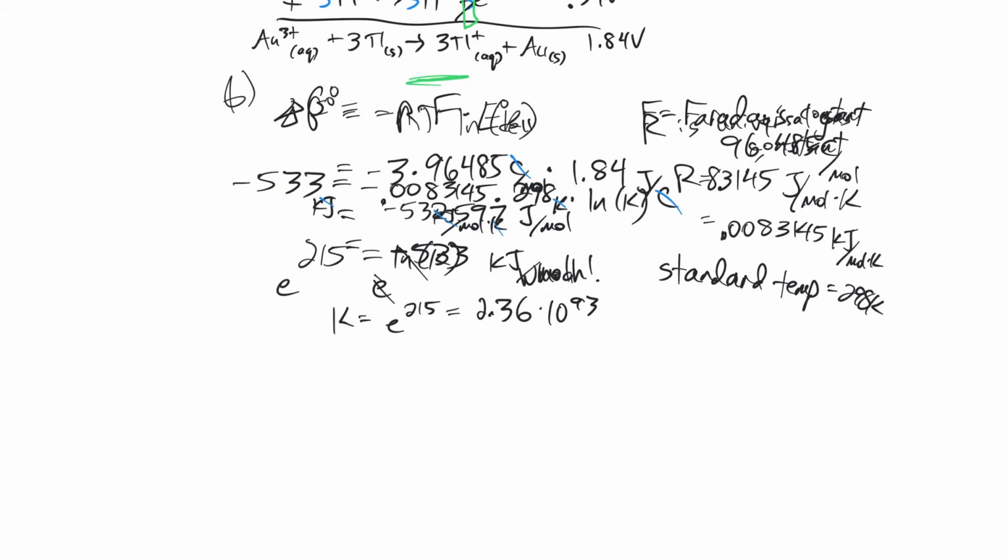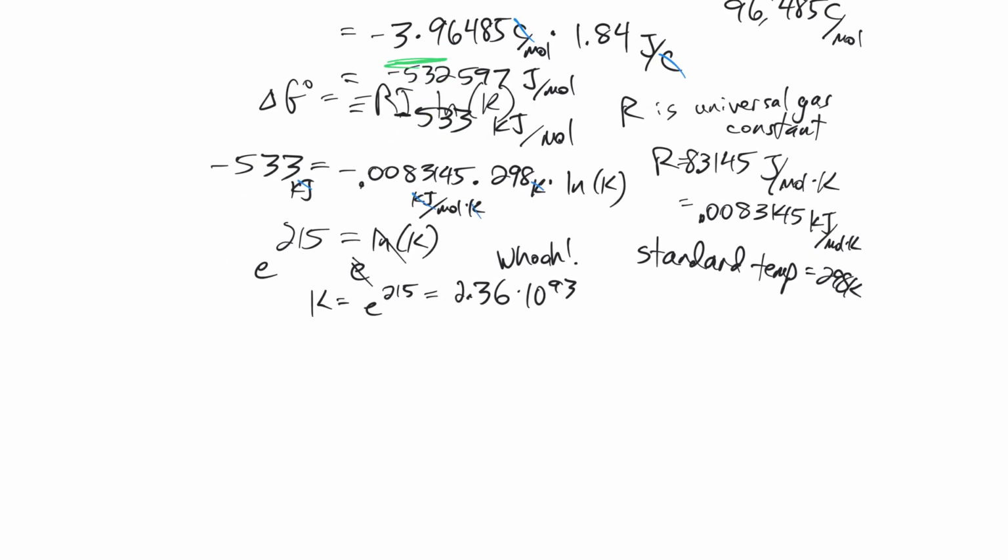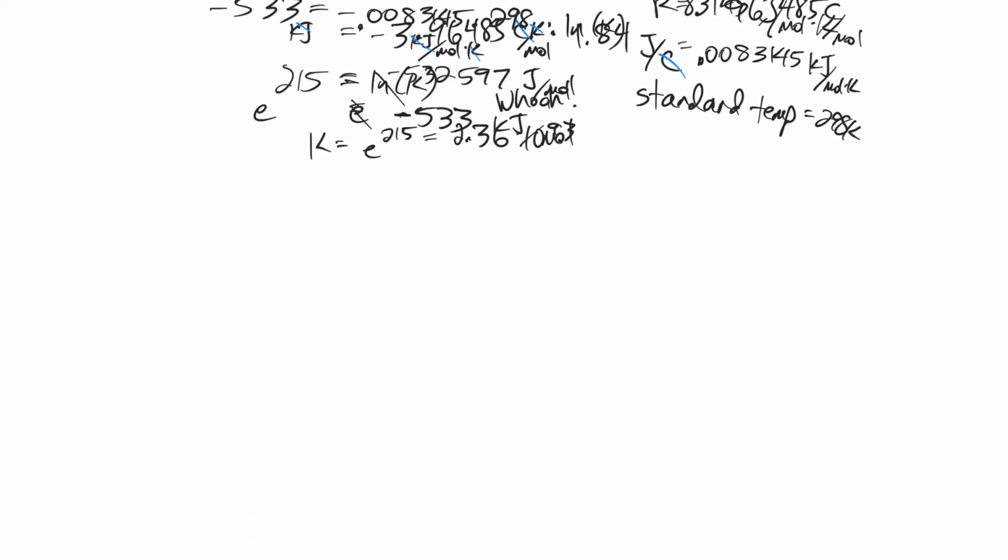All right, part C. We're talking about the Nernst equation. They're giving us, and we do have to return to the original formula here in a second, but we're going to use the Nernst equation to get the non-standard cell potential.